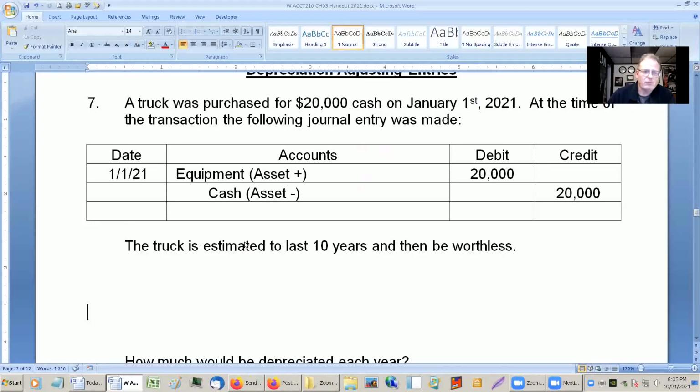So that's why I think this is the harder of the chapters. So we have this truck, and we paid $20,000 for it, but it's going to last us for 10 years.